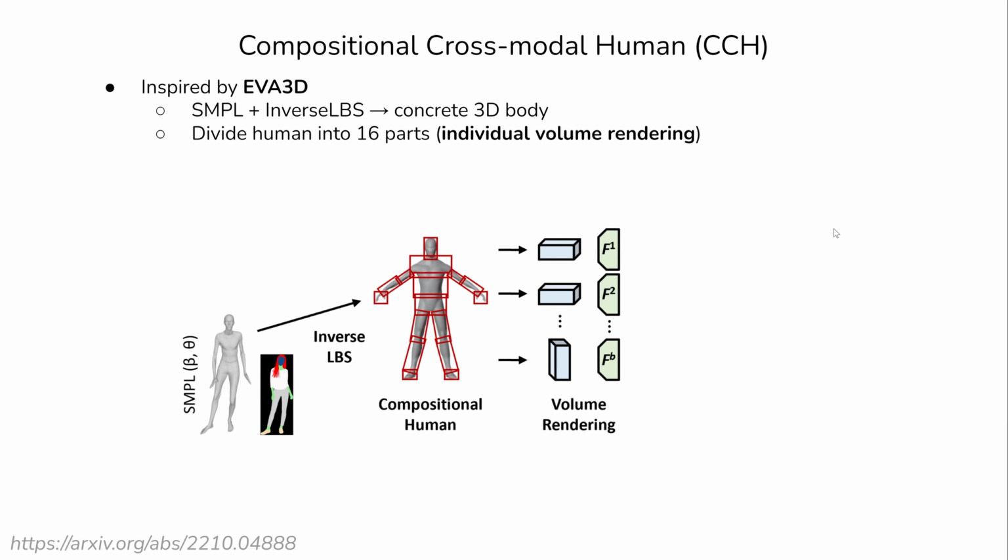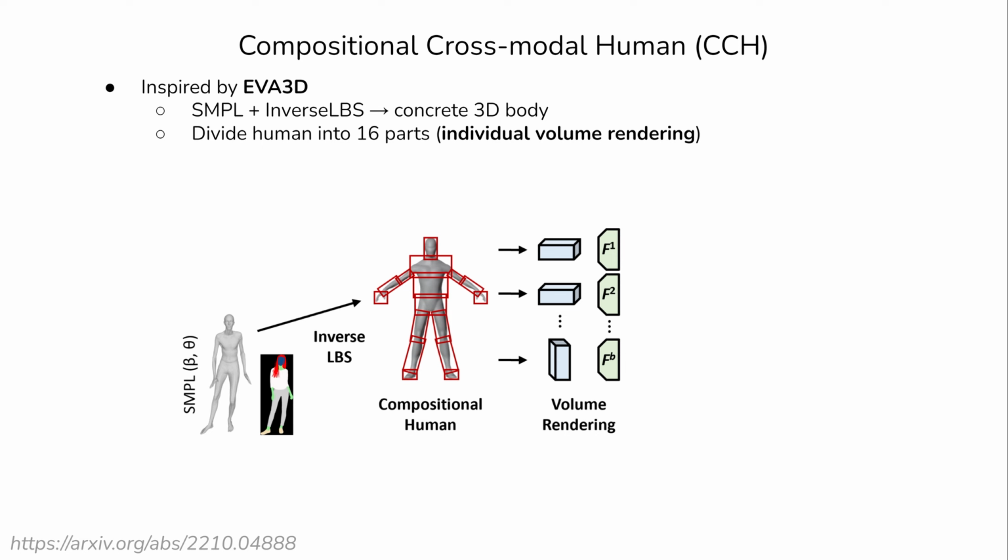We present the Compositional Cross-modal Human, aka CCH, which is heavily inspired by EVA3D. For a 2D image, we first adopt an external estimator to predict the SMPL parameters, like the shape and the pose, and its segmentation map.